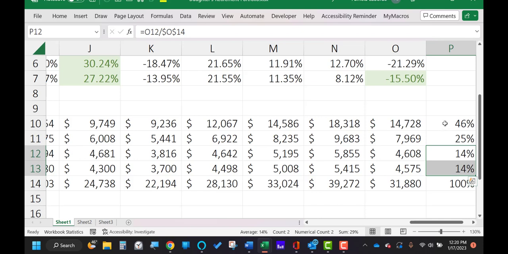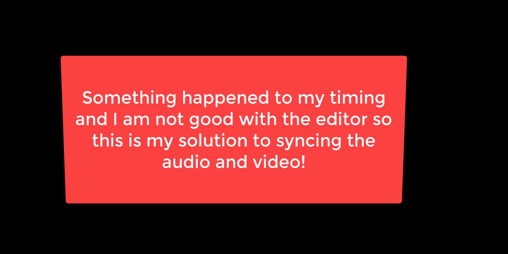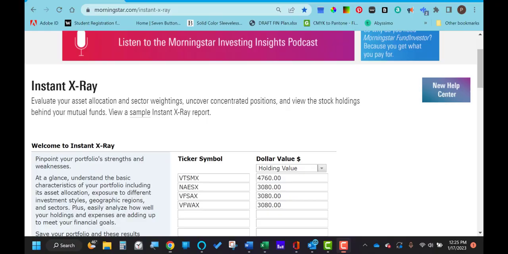This alludes to something we're going to do in Chapter 17, which is rebalance our portfolio. A portfolio needs to be rebalanced periodically, definitely more than once every 10 years. And I will show you how to do that process and how often you should do that process in Chapter 17. Now I want to show you something called a Morningstar X-ray, instant X-ray.